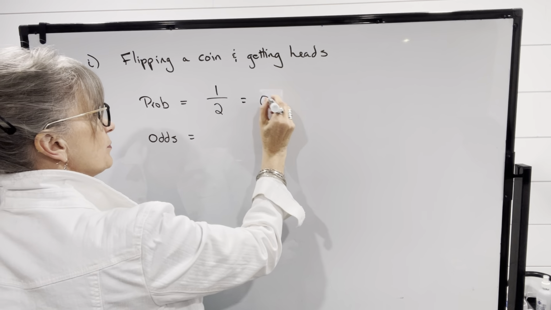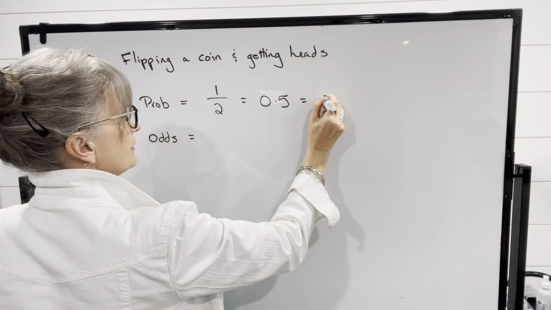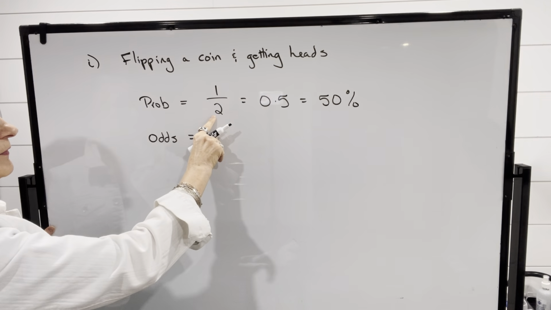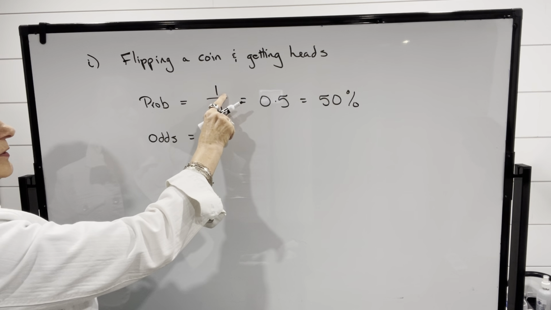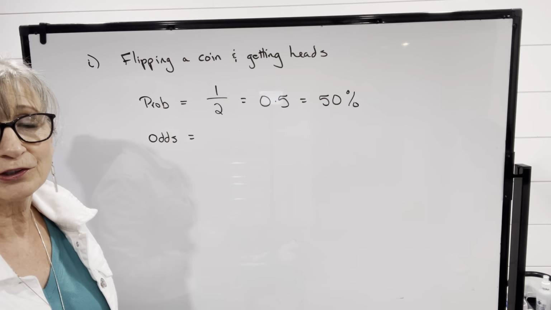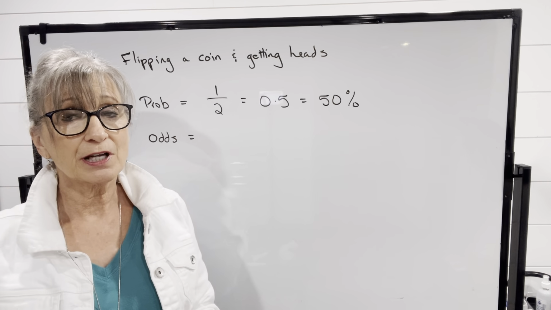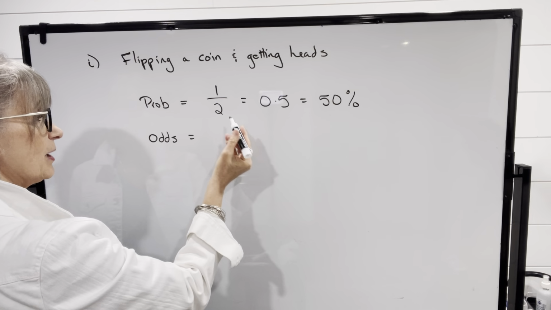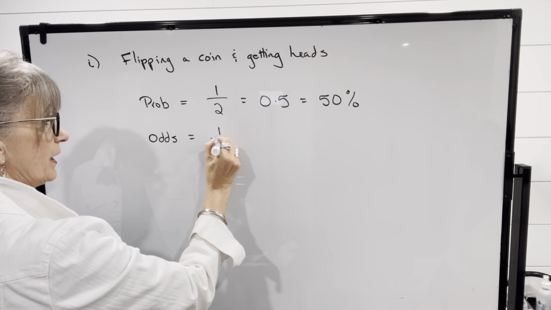As a decimal, that's 0.5, and as a percent, it's 50%. So we would say the probability of getting a head when we flip a coin is 1/2 or 0.5, which is a 50% likelihood.